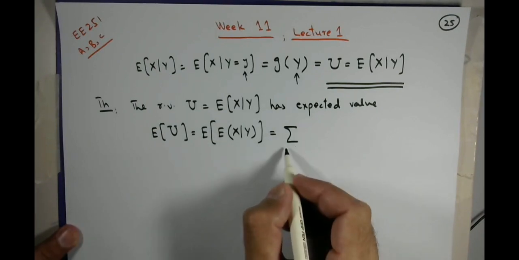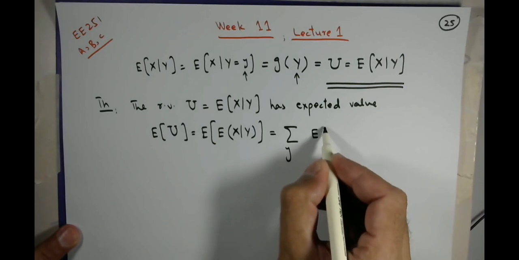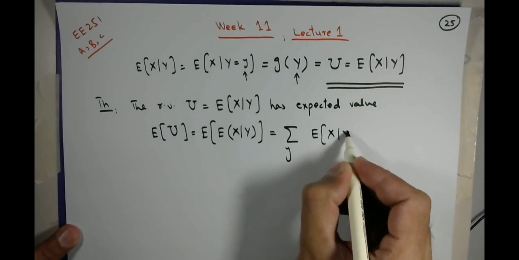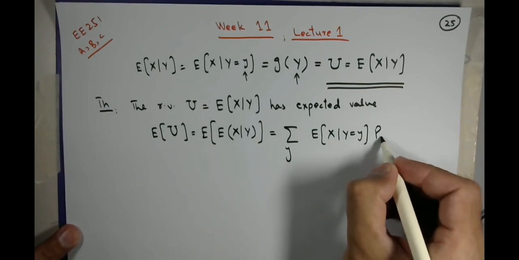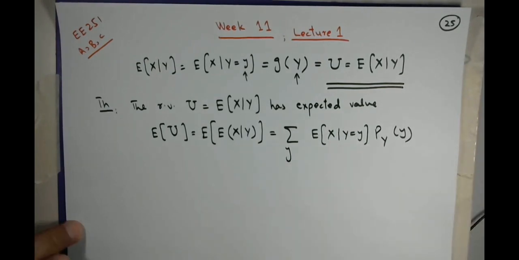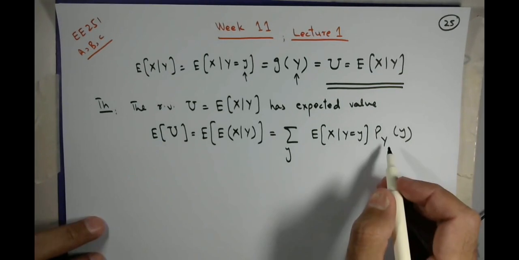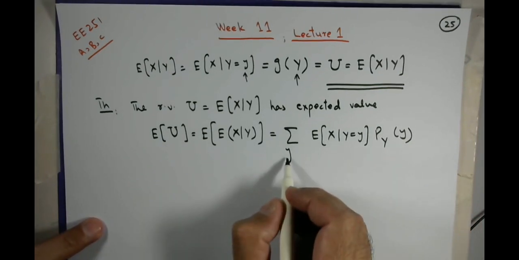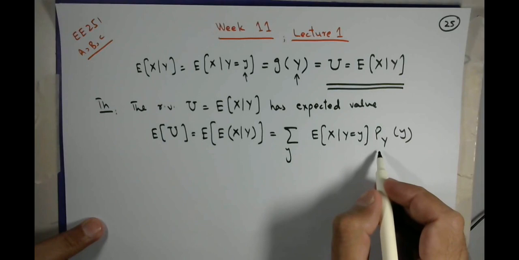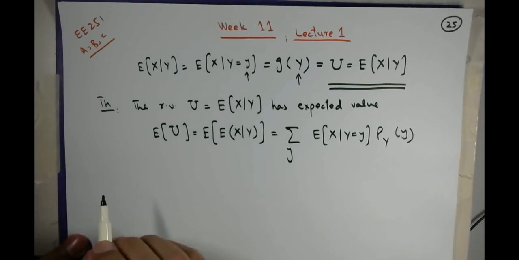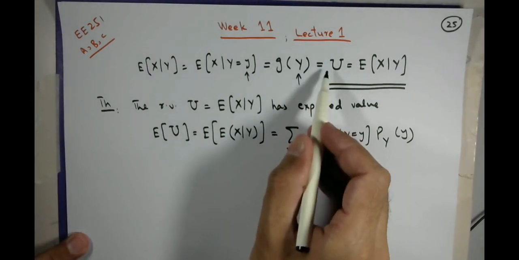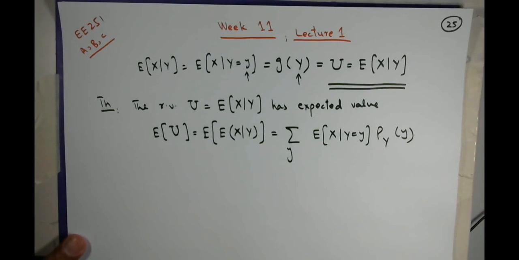So you can write it as summation on y, expectation of x given y is equal to y, and then you multiply it with the PMF of y. Now there will be a question of why we have written the summation on y and multiplied it with the PMF of y, because we see that u is a function of y.